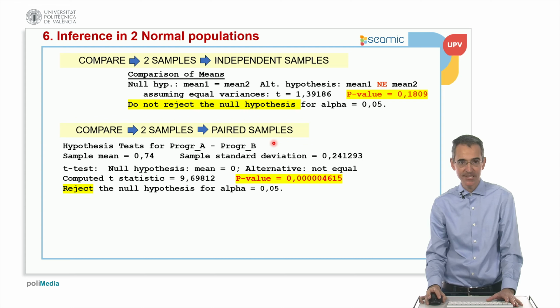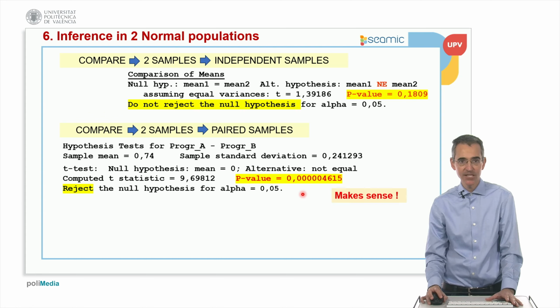This test is also based on a t parameter, but I don't have time to explain this. Here we have a very, very small p-value, which means that the conclusion is to reject the null hypothesis. Notice how in one case the p-value is quite high, so we cannot reject the null hypothesis, but in the other case the p-value is very, very small.